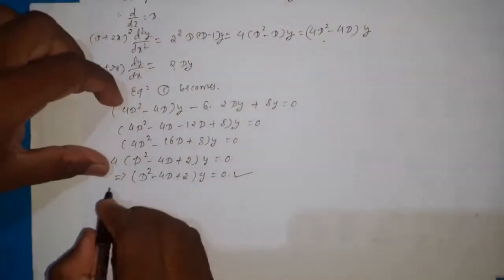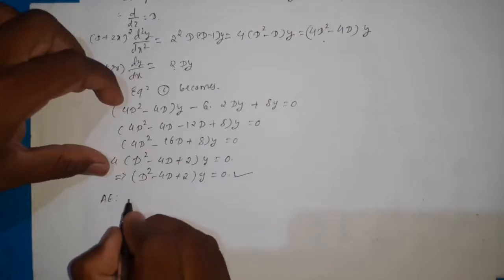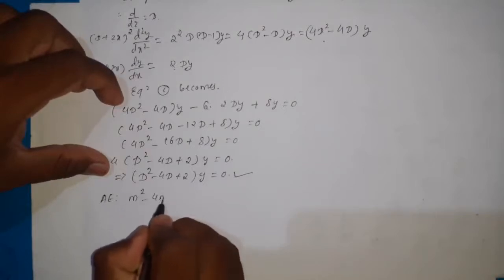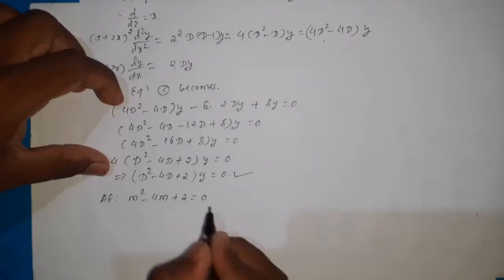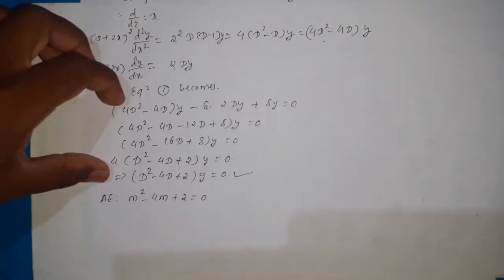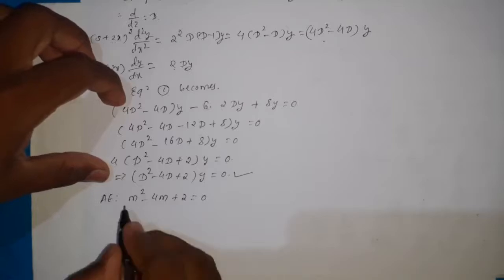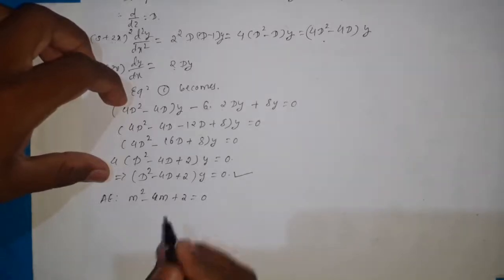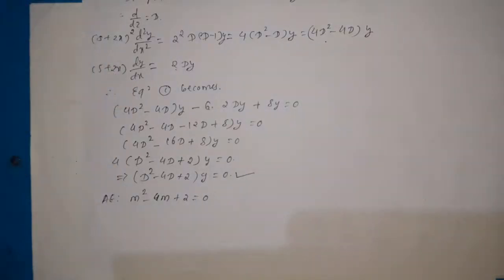Here the auxiliary equation is m² − 4m + 2 = 0.